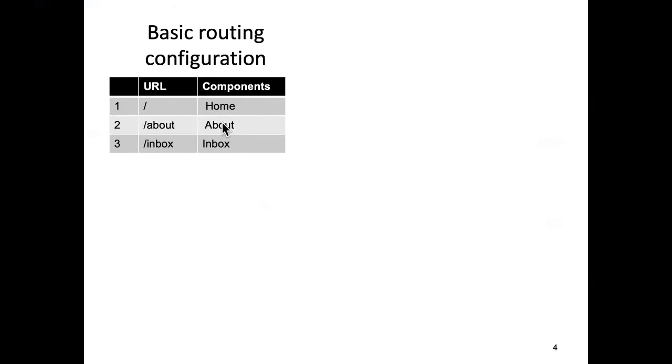Now, in my case, I'm just mounting one component, but in real life these components would probably have child components and grandchildren components, each one with a mini hierarchy of components linked to it. But we'll keep it simple. We'll just have single components on their own.